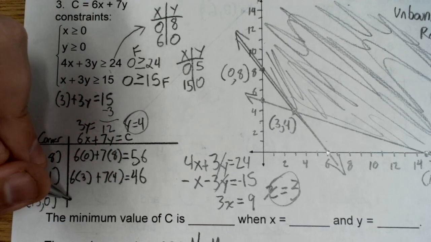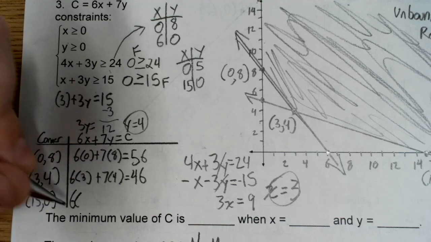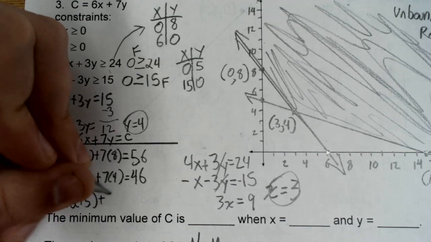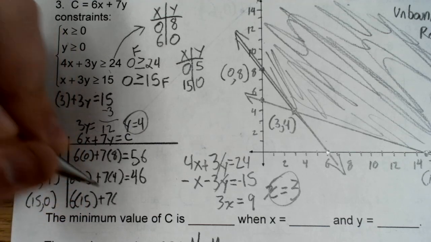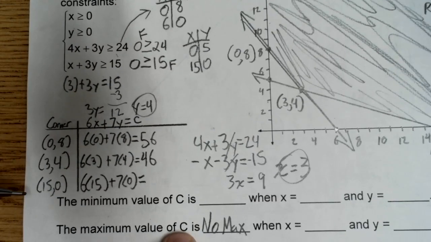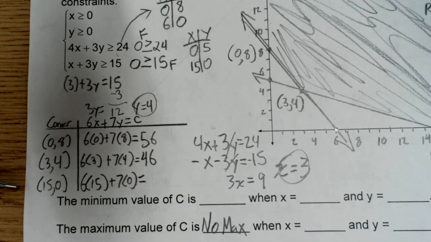And last but not least, well, maybe least, I guess we'll see. 6 times 15 plus 7 times 0. So doing 6 times 15, if I know 6 times 10 is already 60, then 6 times 5 is 30, it's 90.